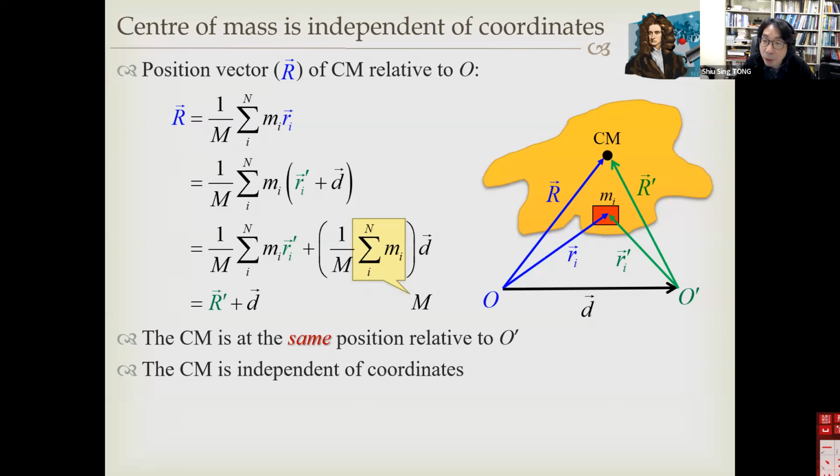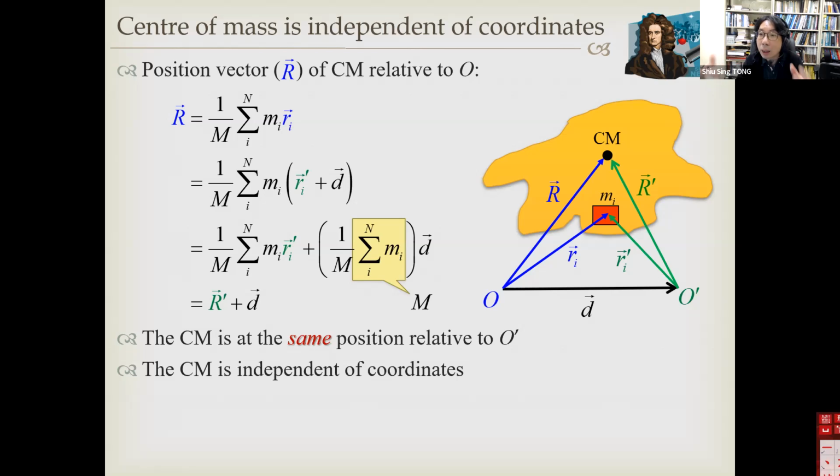No matter how you choose the coordinate, horizontal or vertical, or you might tilt the coordinates, or rotate it in an arbitrary manner, although the components of the vector will change, the position that the vector specifies will not change. Okay, so that is an important property of vectors.